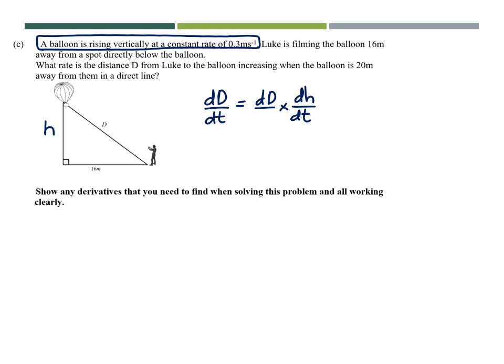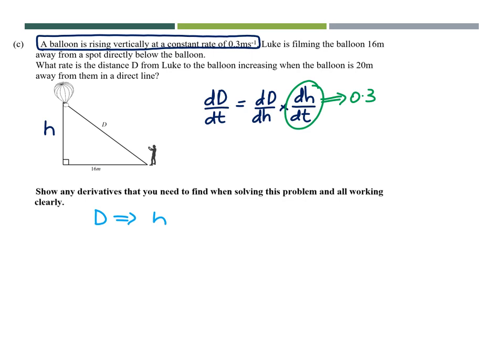Is that right? So can we now figure out a dd over dh? That's what we have to try and figure out, isn't it? Is that right? Happy with that, Luke? So far, so good? So this part here we're saying is, that's my 0.3. And now we have to try and figure out an expression for d in relation to h.